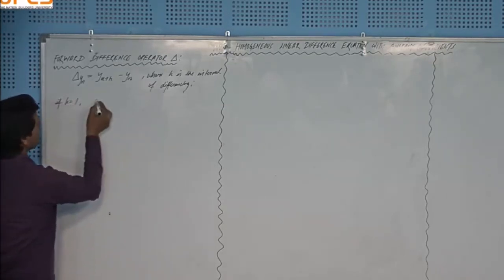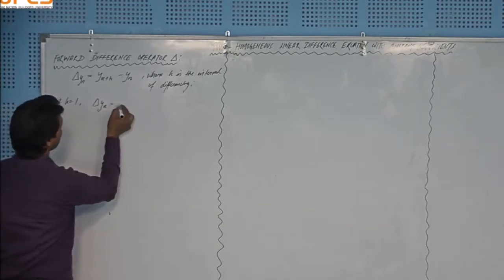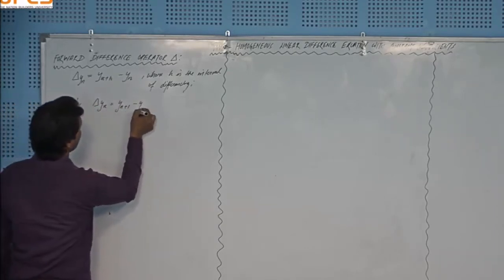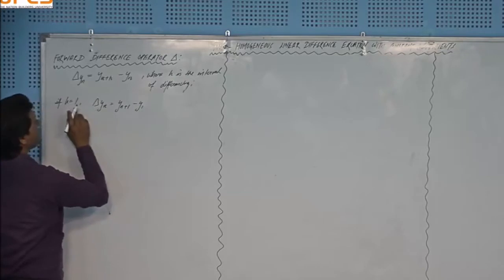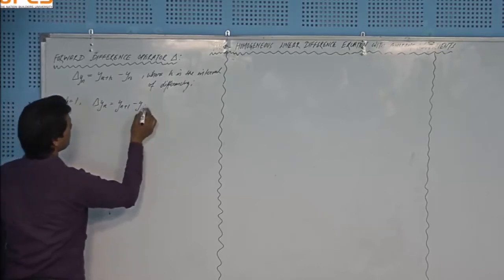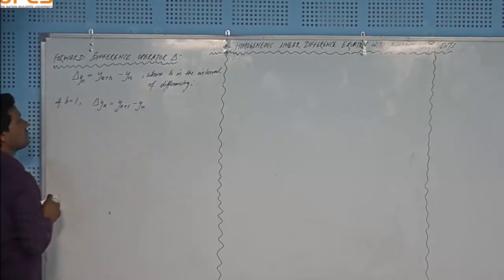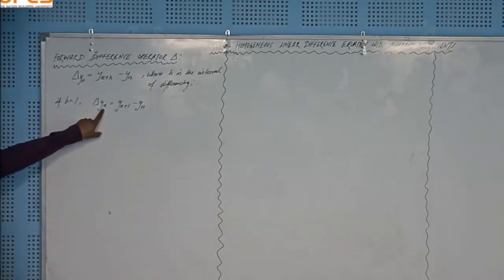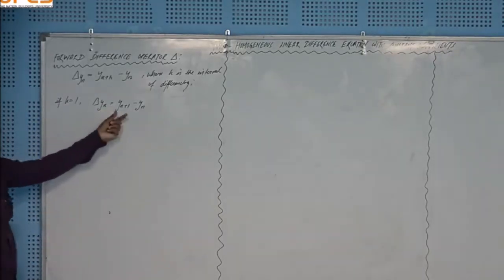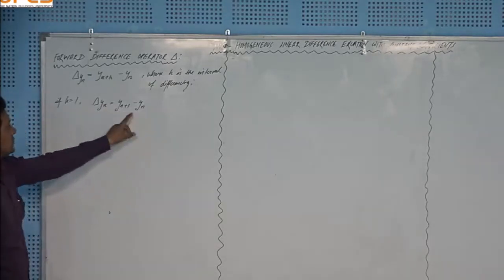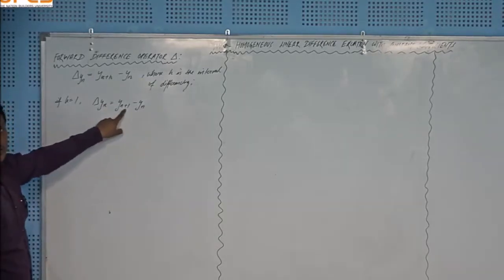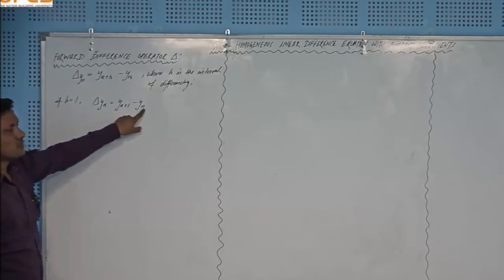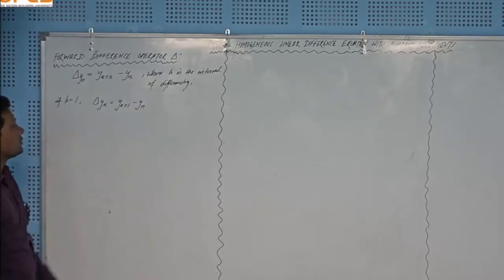So h equal to 1, then this formula reduces to Yn plus 1 minus Yn. This is called the forward difference operator. When it is operated on some discrete numeric function, it is just equal to the difference between the n plus 1th value of that function and the nth value of that function. This is called delta Yn.